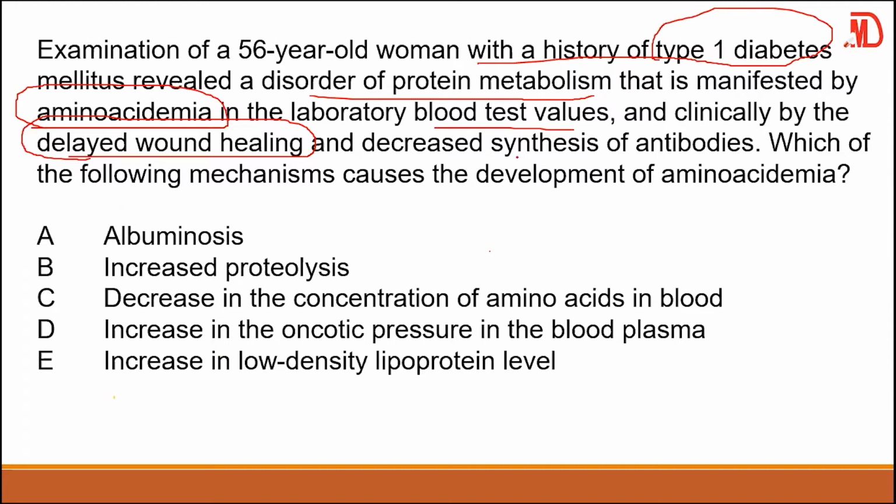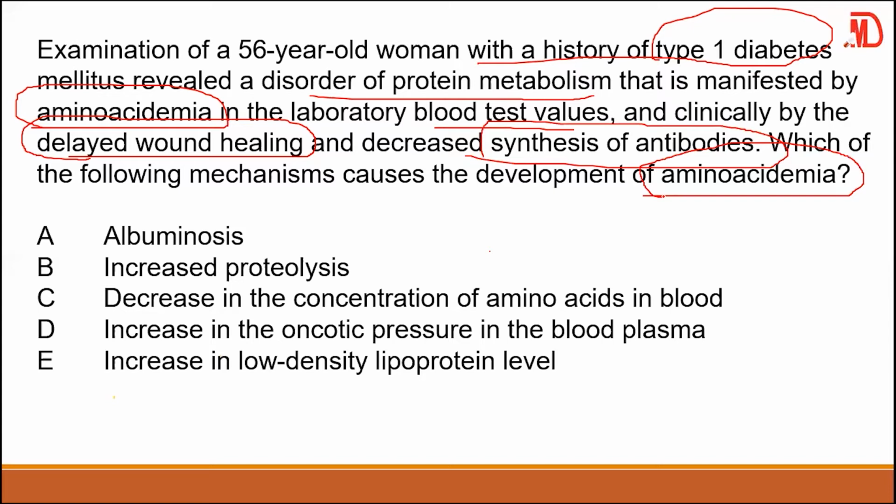And there's decreased synthesis of antibodies. Again, you know that proteins are involved in some of these things. Which of the following mechanisms causes the development of aminoacidemia? Now, the word aminoacidemia is simply a condition in which the concentration of amino acids in the blood is abnormally increased.